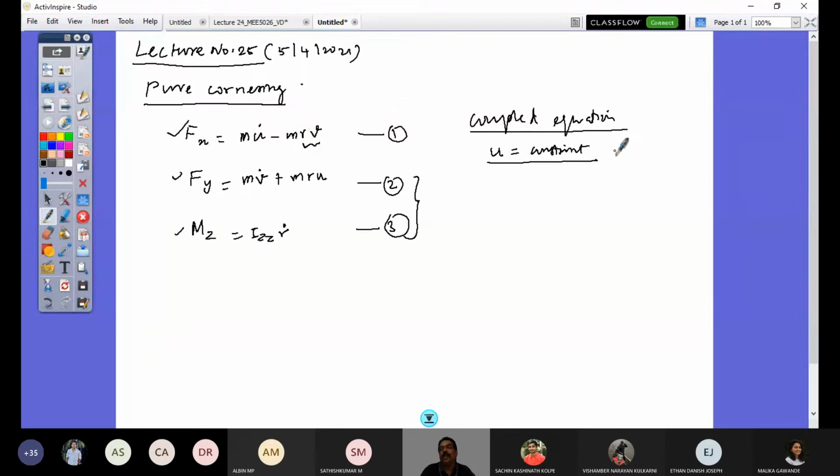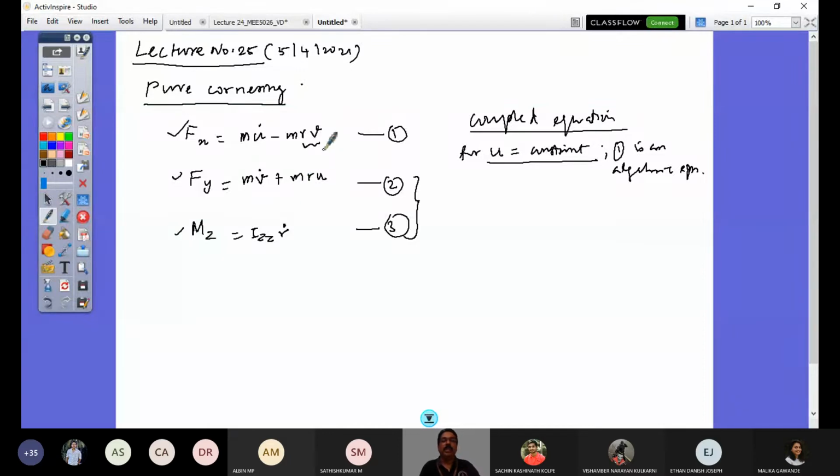So for u equal constant, equation 1 is an algebraic equation. When it is an algebraic equation, you see that equations 2 and 3 depend on r and u value, and equation 1 depends upon r and u value.